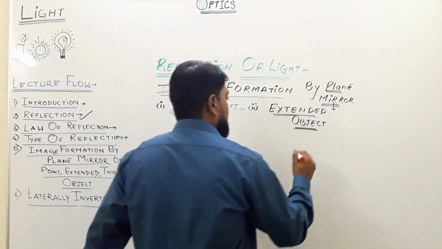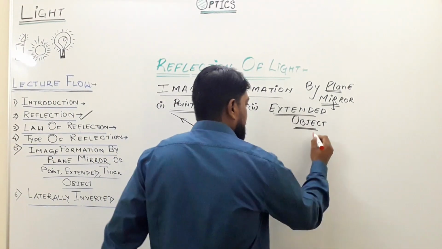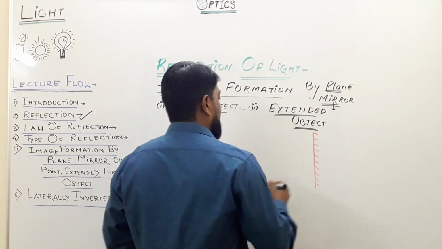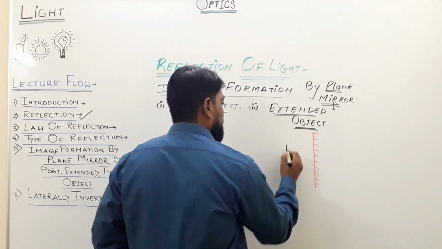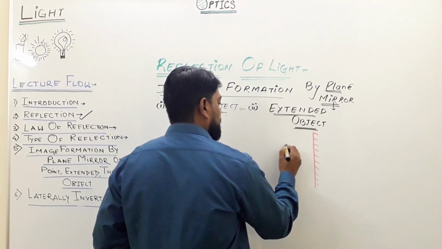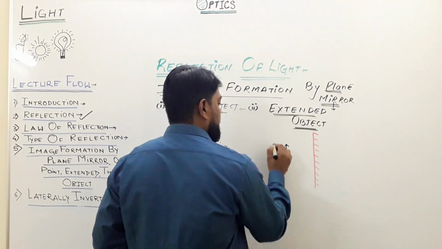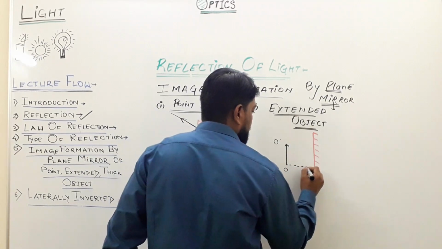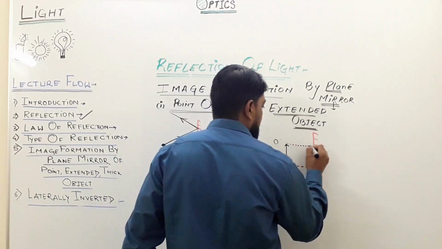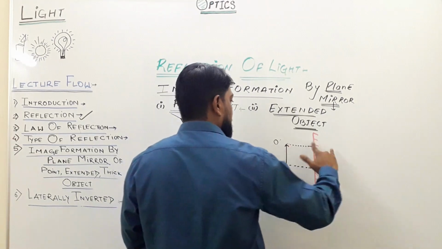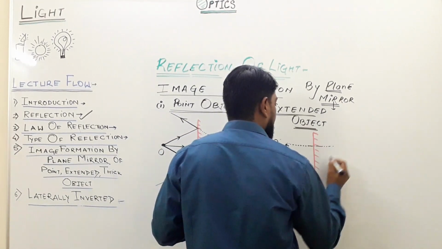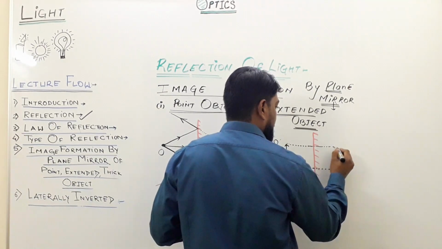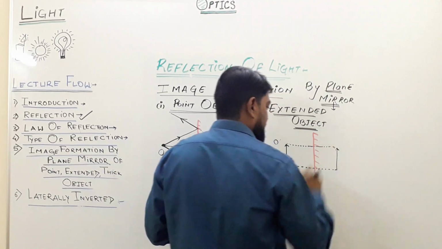In that particular case, suppose we are having this mirror, and we are having this as an object. Suppose this one is O, this one is O dash. Now what will happen? We will consider one ray which will be normal, and the distance of the image from the mirror will be the same.